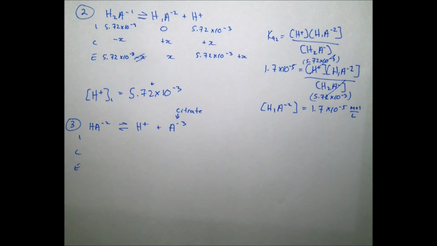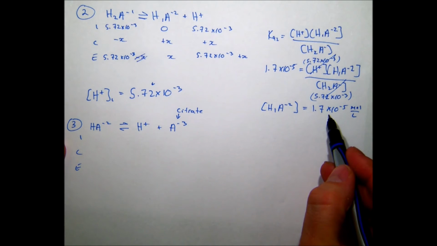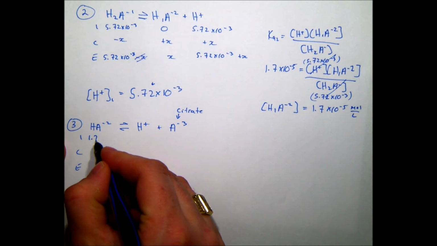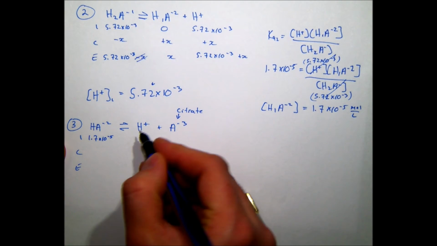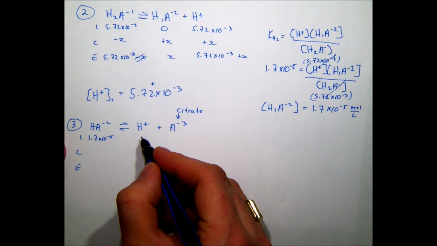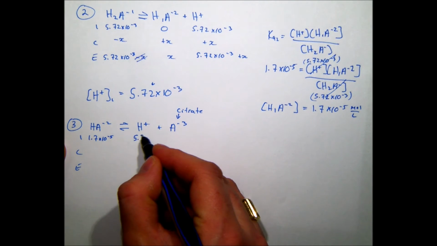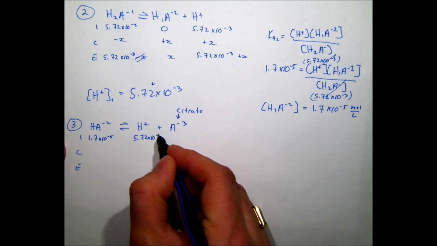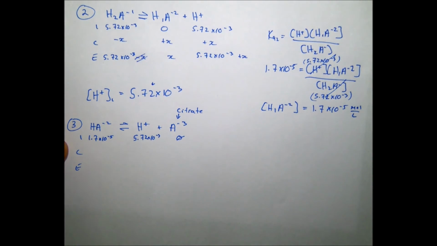So we're going to look at the ICE box. We have our starting material. And we have our amount of H plus, which really is just from step 1. If you go along the quadratic route for step 2, you might see a slight difference here.